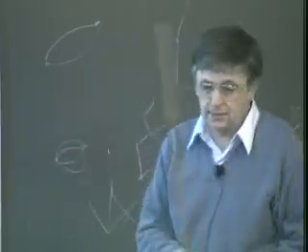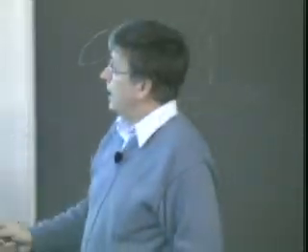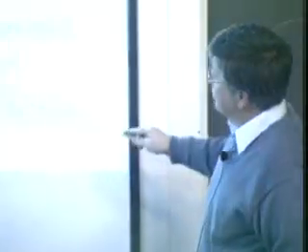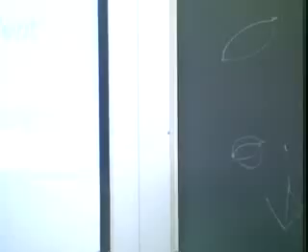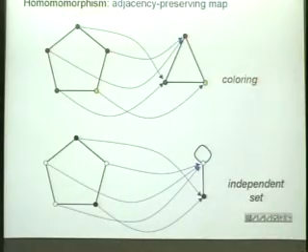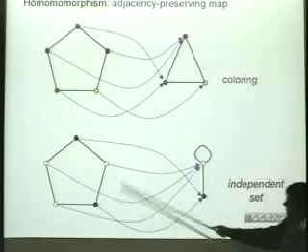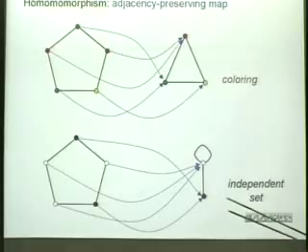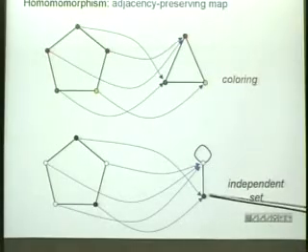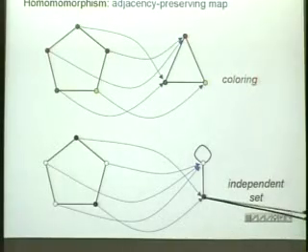Let's look at another example. This time, this little graph is the target graph, and I will allow loops mostly in the target graph. So let's allow a loop in the target graph. If I map this pentagon into this target graph, then since the only missing edge is that this black node is not connected to itself, I'm not allowed to map two adjacent nodes onto the black node.